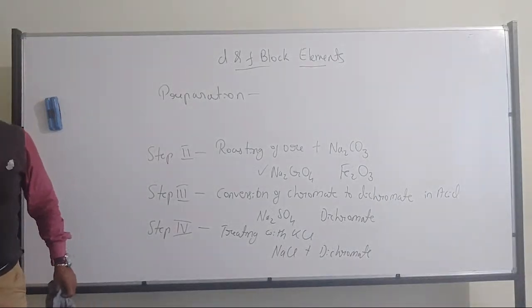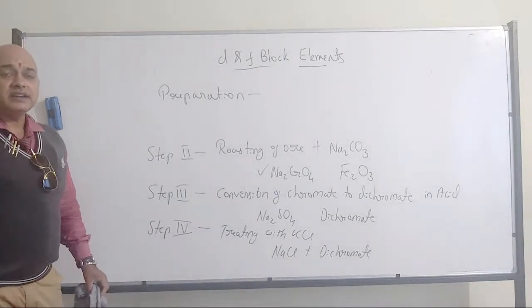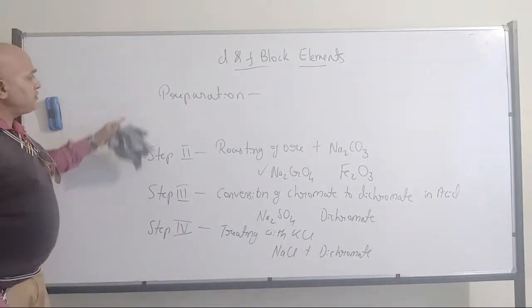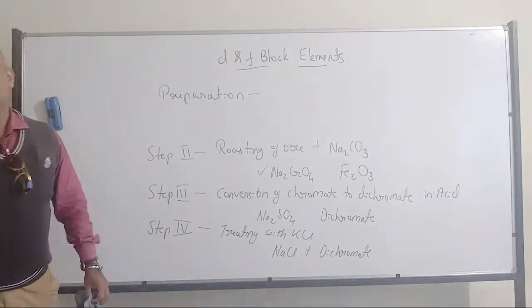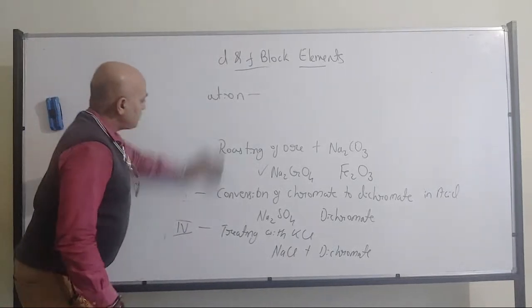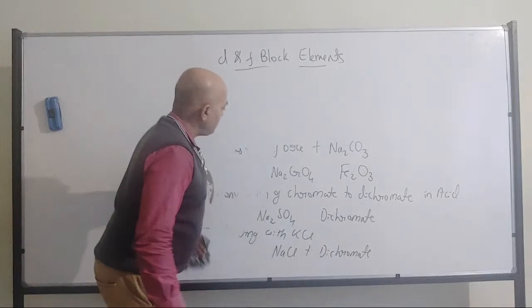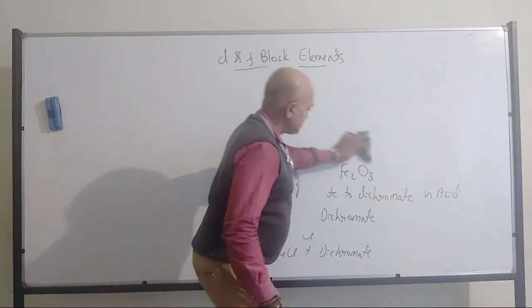That one sentence has to be there. Fine. If you don't want to write the first step, then step 1, step 2, step 3 will become a 3-stage process. Fine. So that's the commercial preparation of potassium dichromate, which we discussed in the last class.